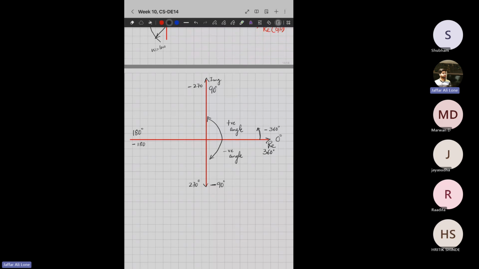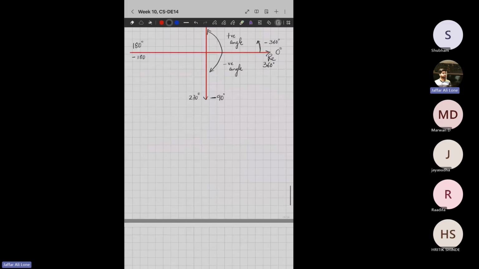This is very important. Make sure you remember this from now onwards, because while drawing a polar plot, this will come in handy, as well as in root locus. Now let's move forward.